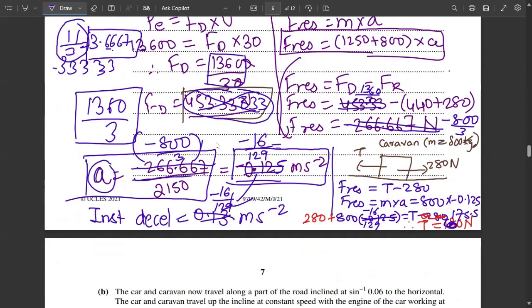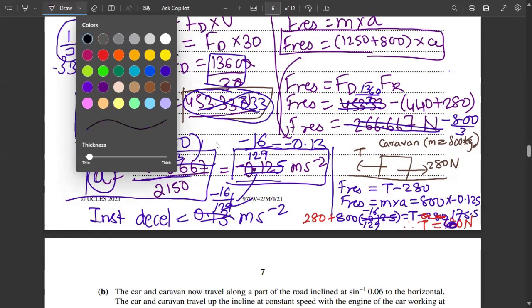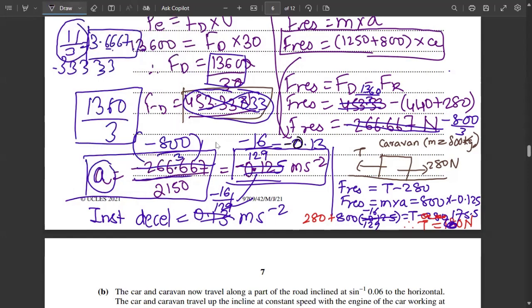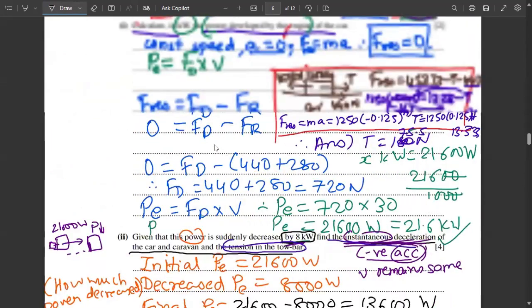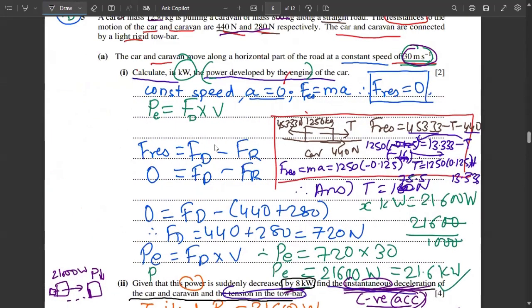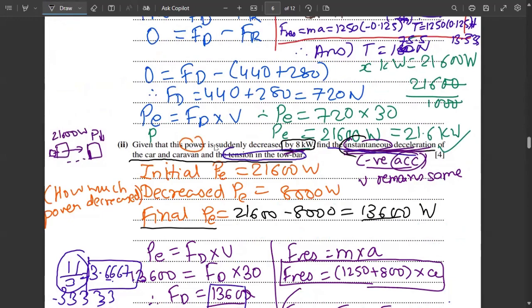Which gives us minus 16 upon 129, which is minus 0.13. Now let me write the last point in the black pen. This is minus 0.13. This is the answer because they have asked us to find the instantaneous deceleration.